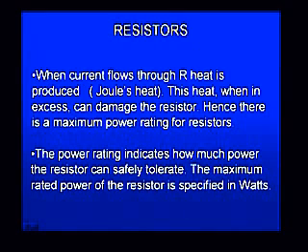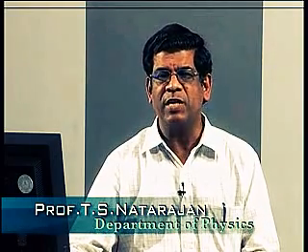We have seen different types of resistors like LDR and thermistor. In general, resistors are also rated for the power dissipation. For example, when the resistors are used in any given circuit, due to the current flowing, there will be heat generated, which is called the Joule's heat. And so for a given resistance, if I keep on increasing the current, the heat generated can become so large that the resistor can be damaged.